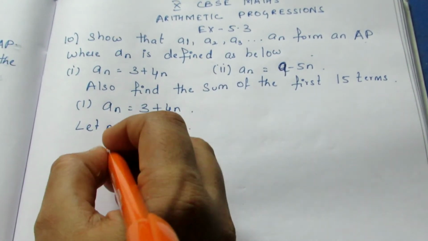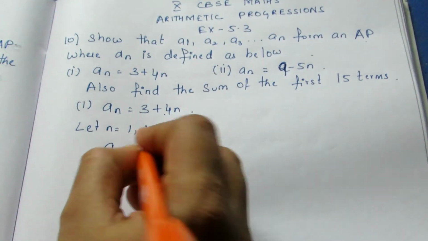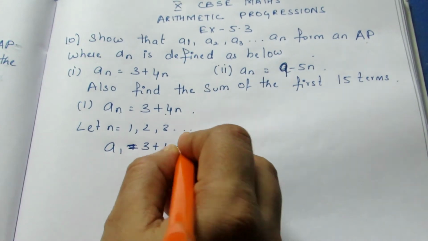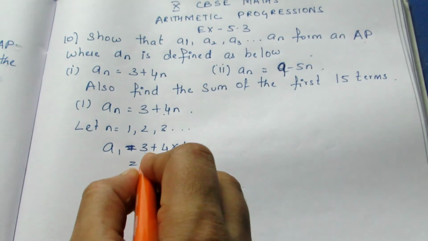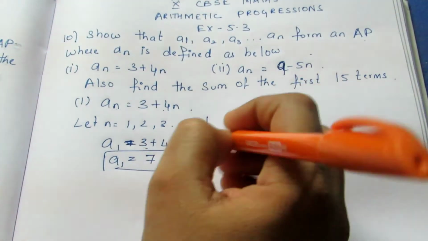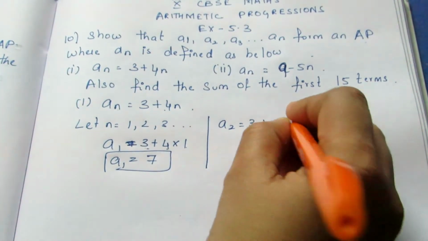If I substitute 1 here, a1 equal to 3 plus 4 into 1. This becomes 4 plus 3, 7. So a1 equal to 7. Similarly, a2 equal to 3 plus 4 into 2.